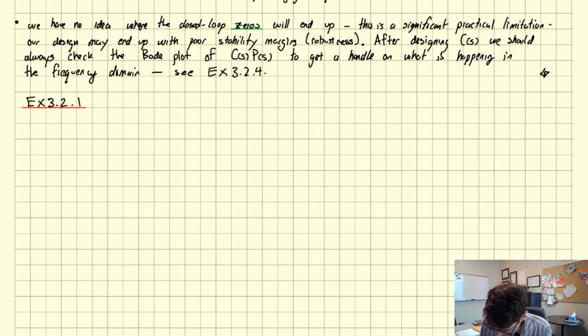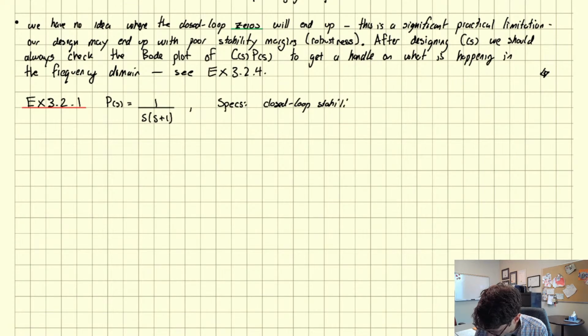Okay, so the plant looks like the lab, like a DC motor. So there's our plant model. Specs: closed loop stability. Okay, I'll write that for now.